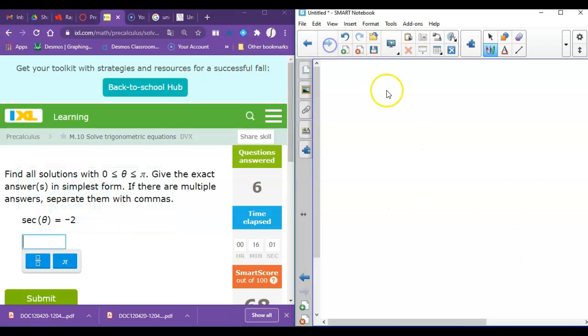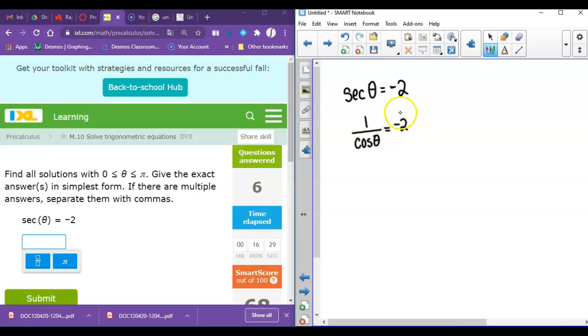Okay, so here we have secant of theta equals negative 2. We don't know secant of theta, it's not on the unit circle, but I do know that secant of theta equals 1 over cosine of theta, and that has to equal negative 2.